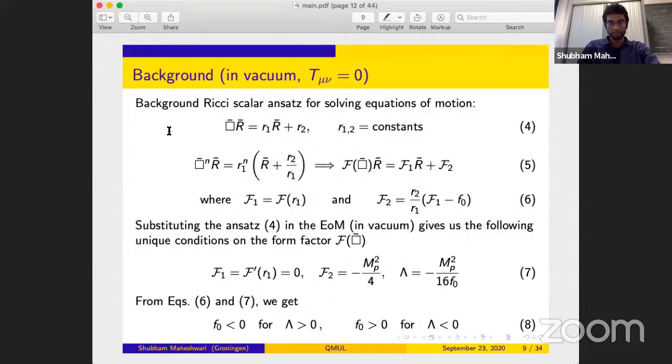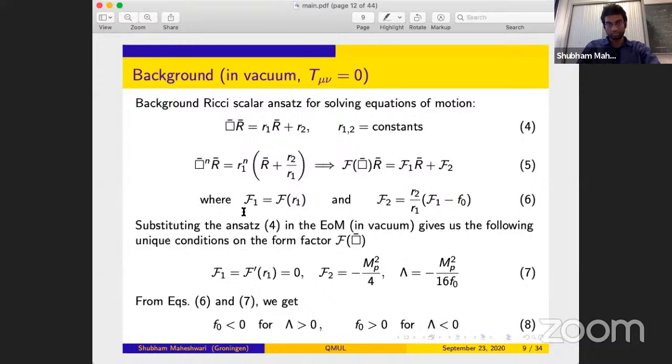And you can do that. If you assume this ansatz, then it's very easy, the equations of motion simplify to a very good extent, because all these f of box factors that act on this background R will simply reduce to these simple factors of f1 R plus f2, where f1 and f2 are just some constants.